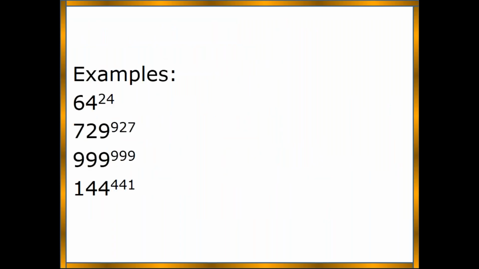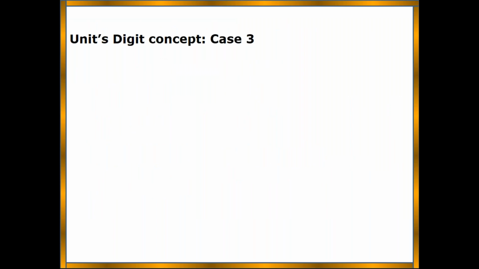Everyone, please note down 2 power 1. What is the value of 2 power 1? 2 power 2, 4, 2 power 3, 8. If you don't know the value, please understand: 2 power 3 is 8, 2 power 4 is 16 which means 6, 2 power 5 is 32.